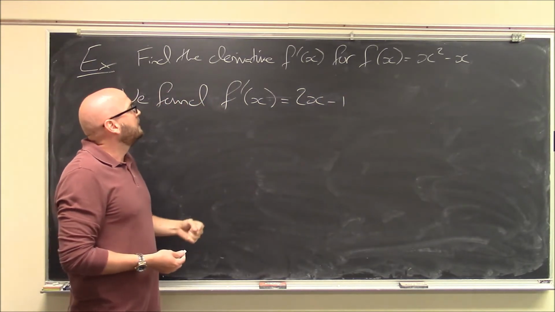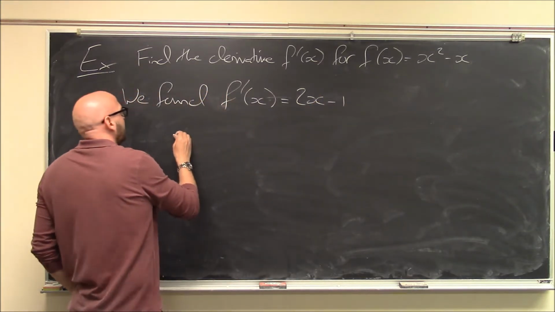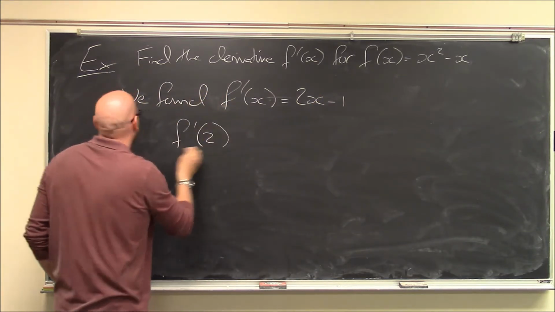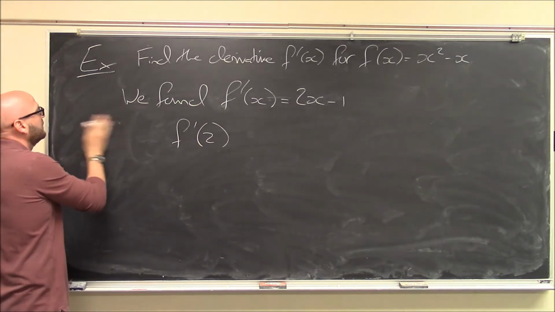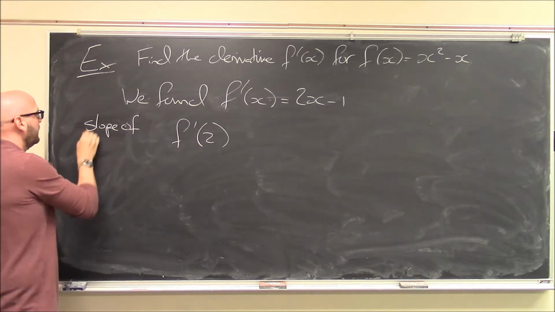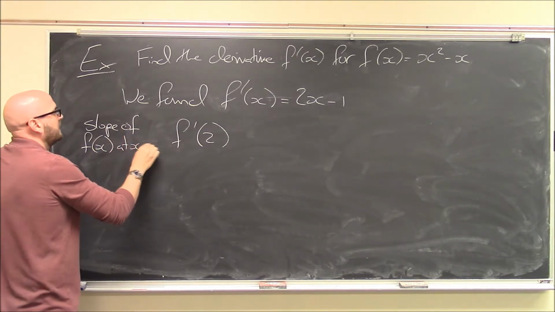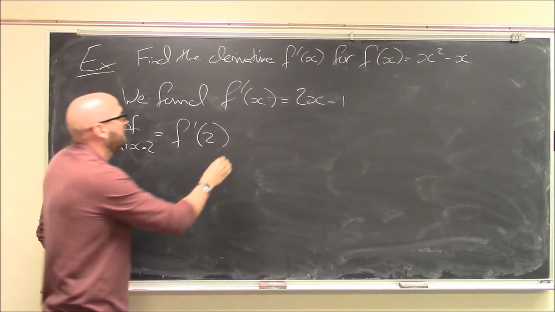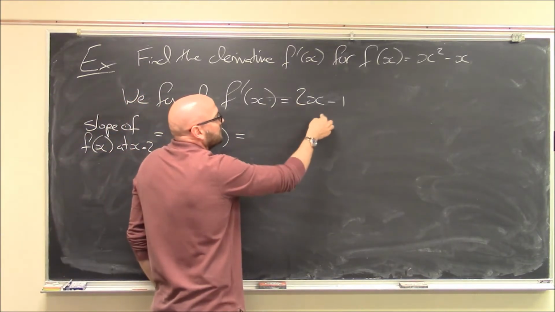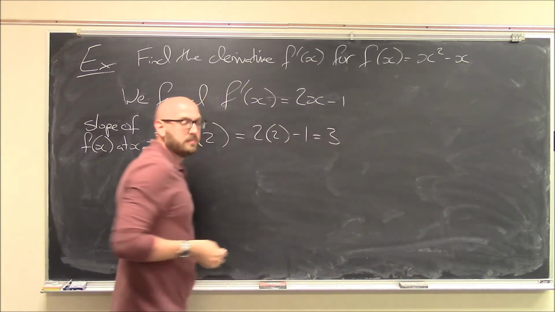Right, so if I wanted the instantaneous rate of change of f of x at 2, I would find f prime of 2. And this is, let me call it, the slope. Slope of f of x at x equals 2 is f prime of 2. And that's just 2 times 2 minus 1, which is 3.